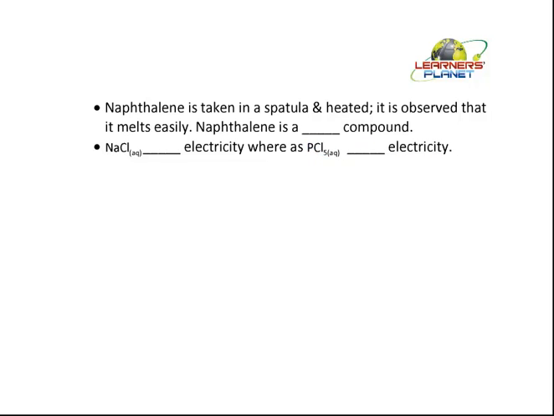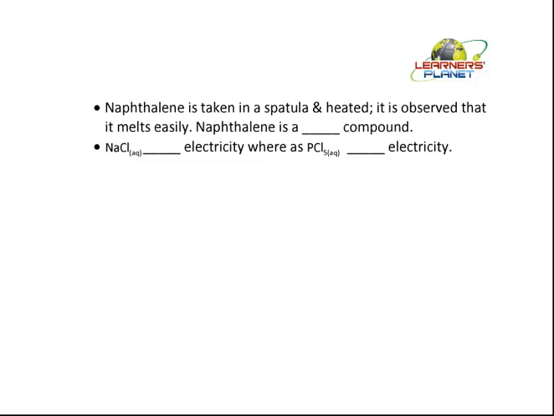So tell me, I have told you that the ionic compounds have got strong forces of attraction. So they are solids. And have you ever seen salt evaporating or salt changing from solid to gaseous state? No, because salt is an ionic compound.